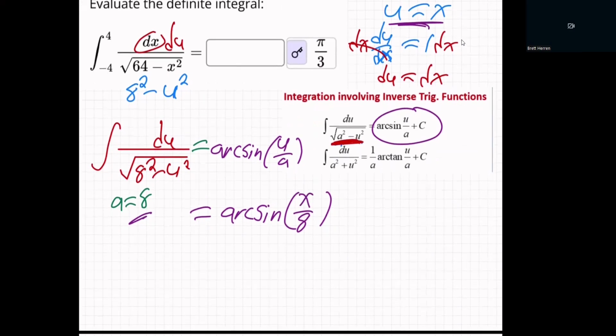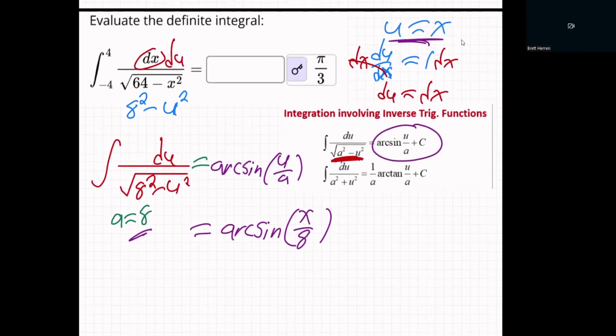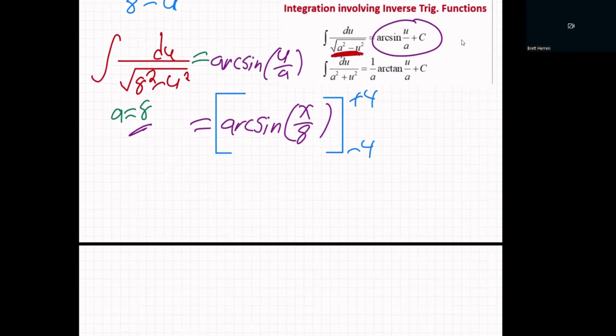All right, but we're not done there because this one is a definite integral. We're going to go from -4 to +4. So I've got to evaluate that thing now from -4 to +4. So let's plug in. We're going to have arc sine of x.